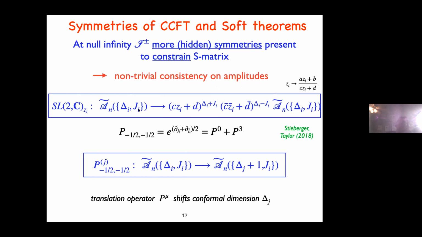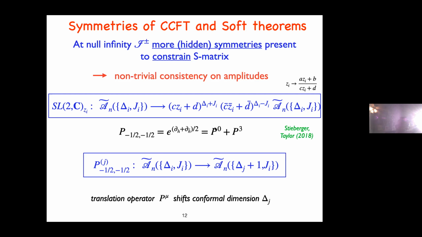Indeed, you can take a Mellin amplitude, apply a global conformal transformation, and you find that it transforms covariantly with conformal weights h and h bar, which are written here in terms of dimensions and spin. And this is exactly what you expect. One thing that you probably don't see directly is translation invariance. So you ask, okay, how is this manifested in the celestial CFT?